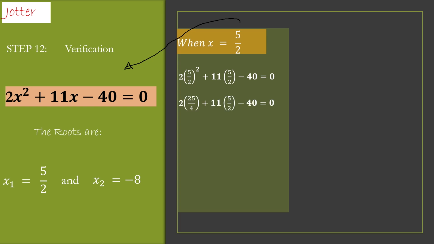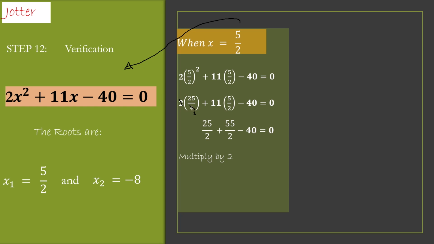5 over 2 times 5 over 2 will give us 25 over 4 times 2. Then 11 times 5 over 2 minus 40 equals 0. We cancel 2 here to give us 2. So we are going to have 25 over 2. 11 times 5 is 55 over 2 minus 40 equals 0.